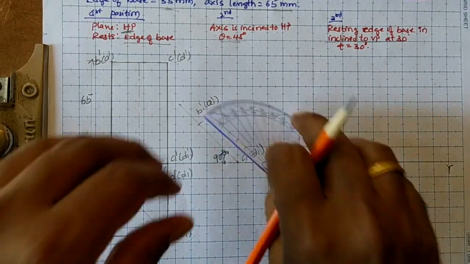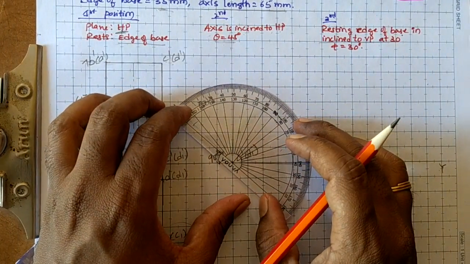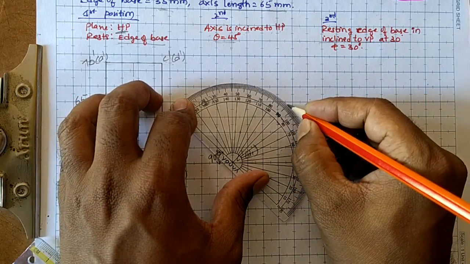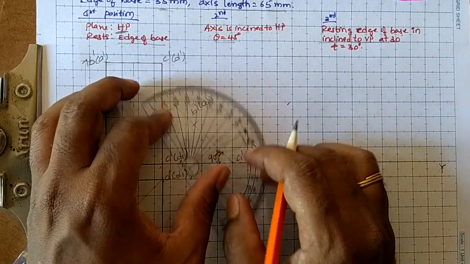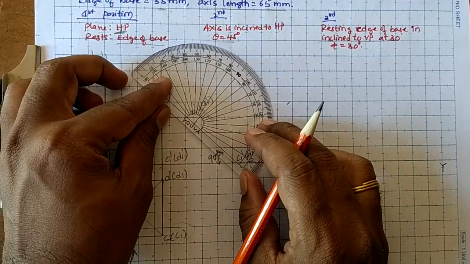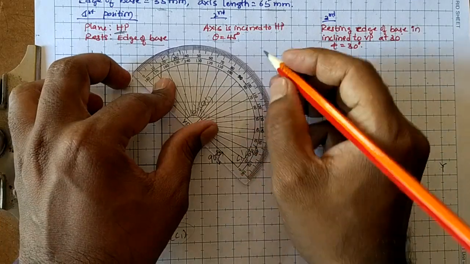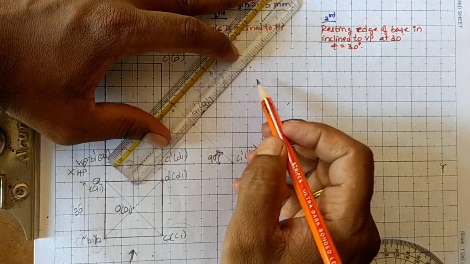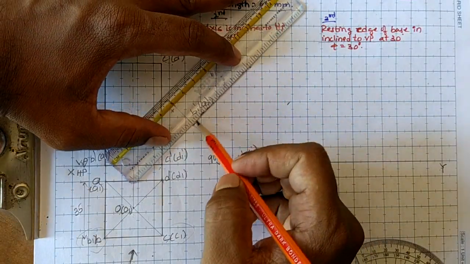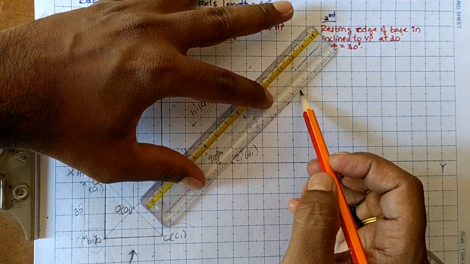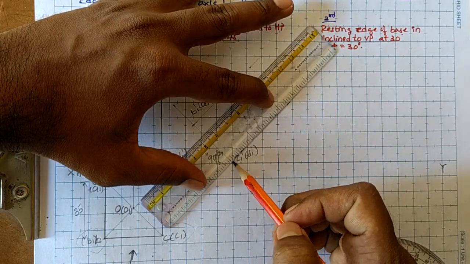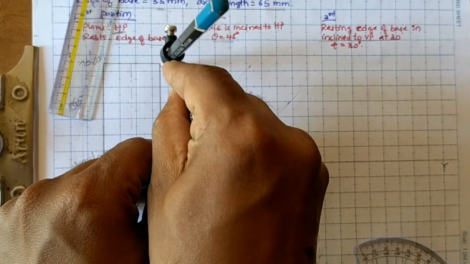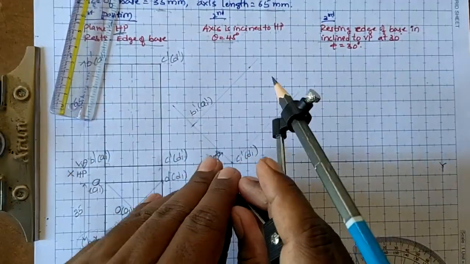Use the protractor, take 90 degrees, then here also. The length, how much is there? 65. This length is also 65. Redraw or reproduce.